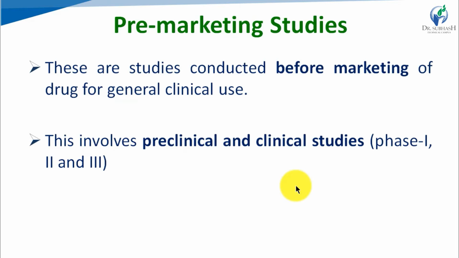In clinical studies, there are phases 1, 2 and 3. So if we want to detect the adverse drug reaction, we can go for pre-marketing studies. If there is any adverse drug reaction, it will be detected.